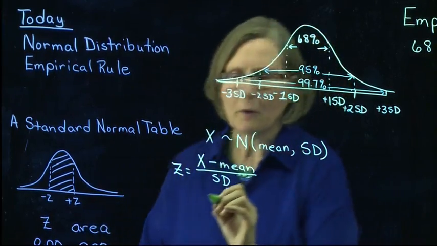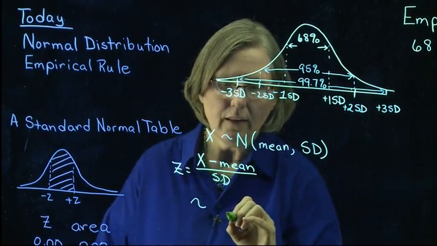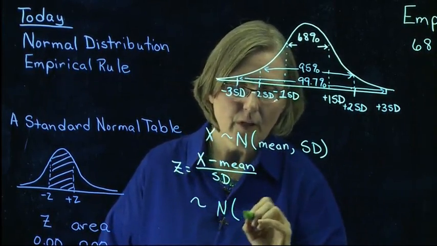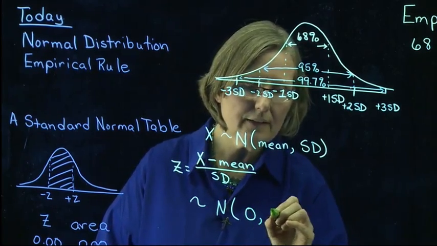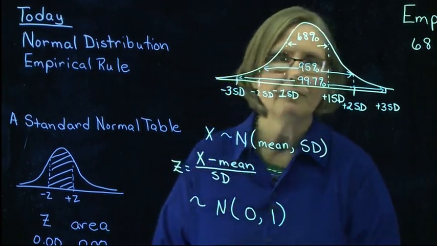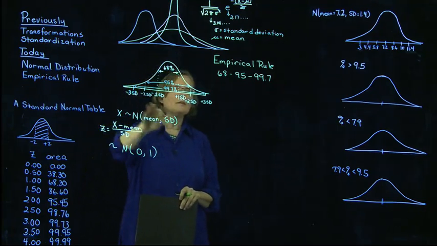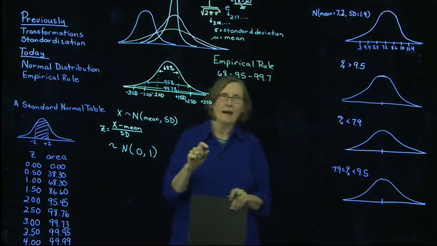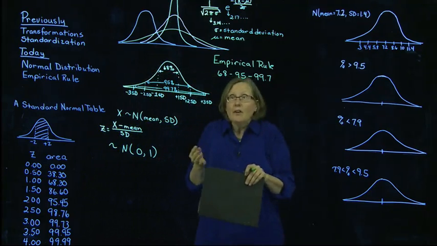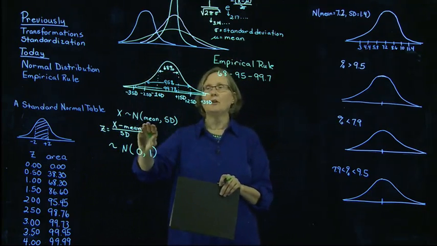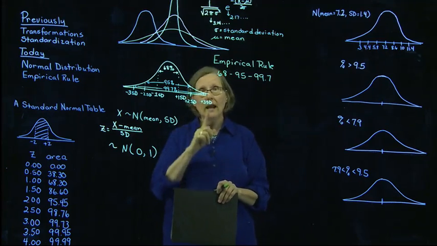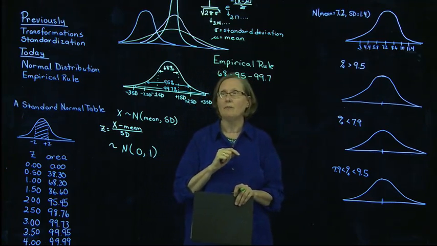That new variable has a distribution that's normal with a mean of 0 and a standard deviation of 1. That means we're going to be able to use this empirical rule to estimate percentages for a normal that has any particular mean and standard deviation. And I'll show you how that works in a minute.